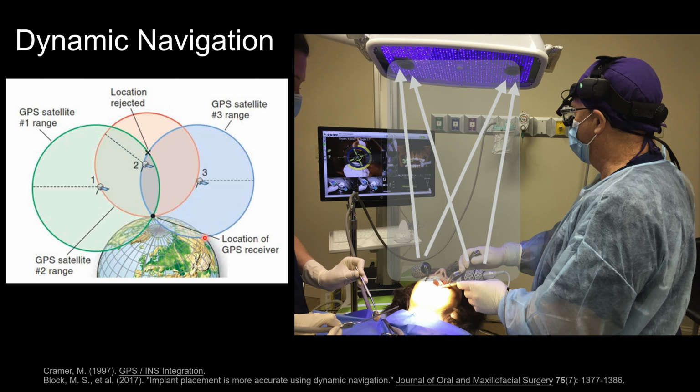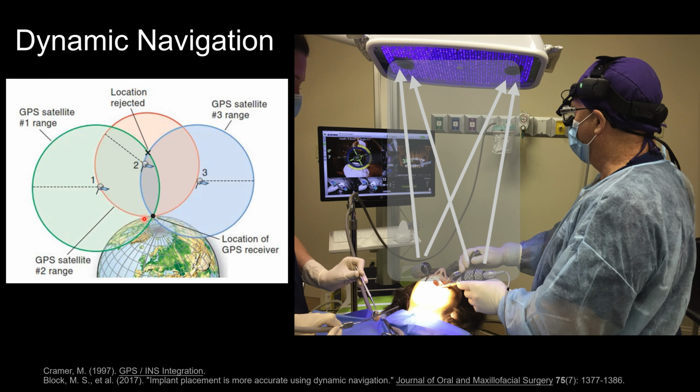The dynamic navigation is like GPS. If you are here, we have your cell phone here, and we have three satellites in the sky, and they all send some kind of radio wave.